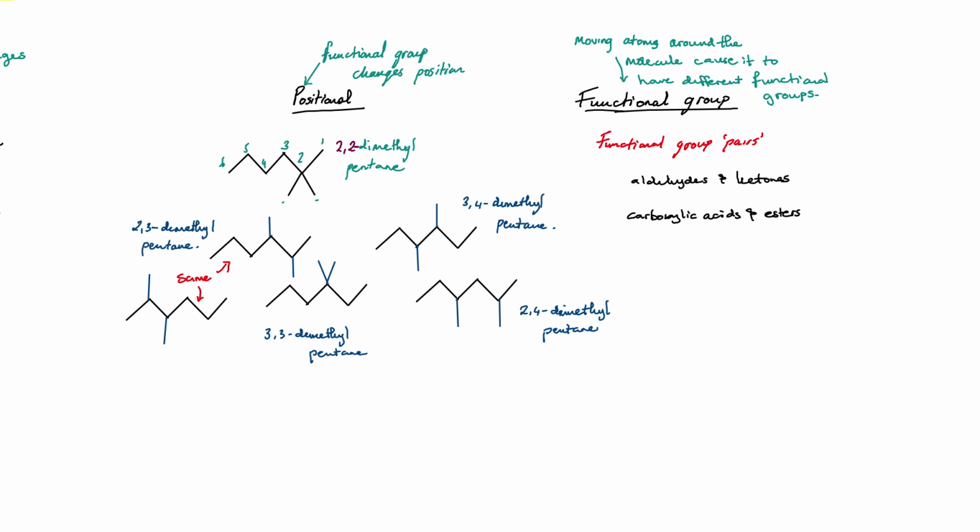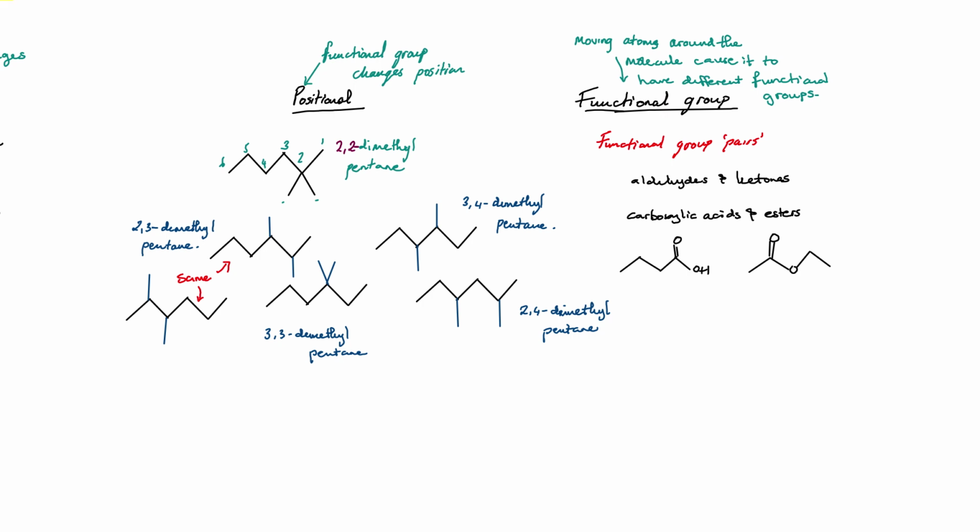So if I draw a simple carboxylic acid, there we go. That's the OH group at the end, and an oxygen bond. What I'm going to do is move these atoms around, and this is 4 carbons long, so I might go 1, change it like so, 2, 3 and 4, and then what I end up with is that.